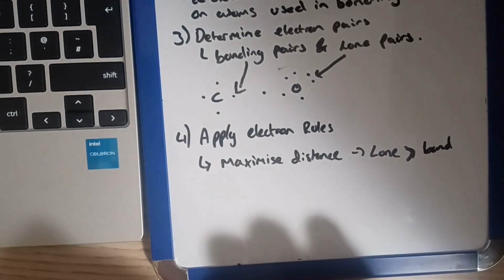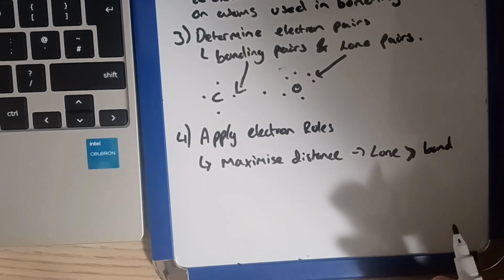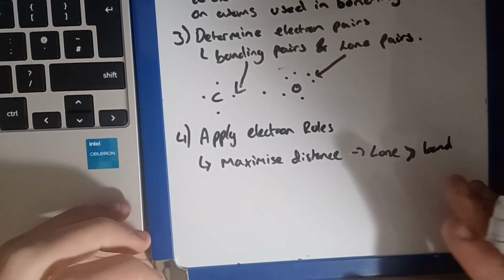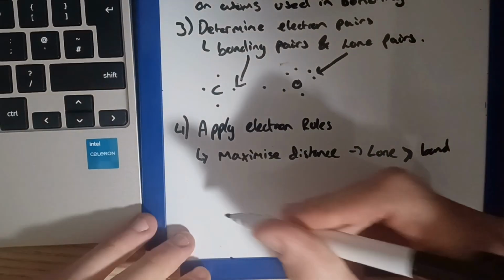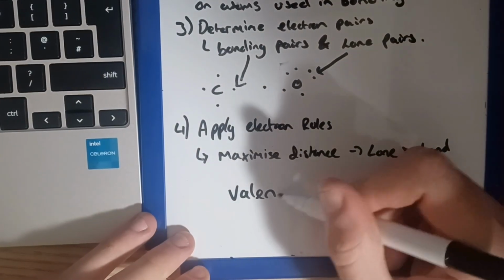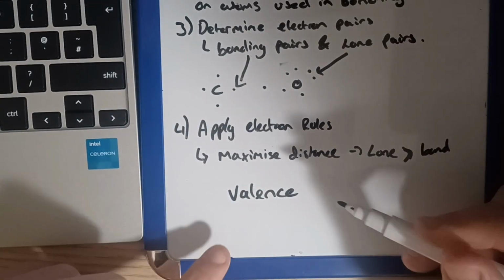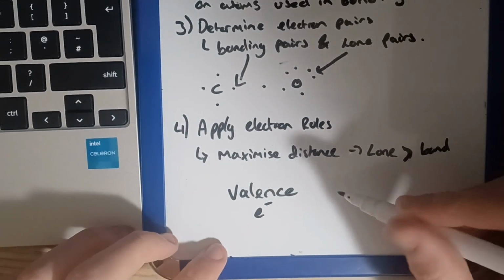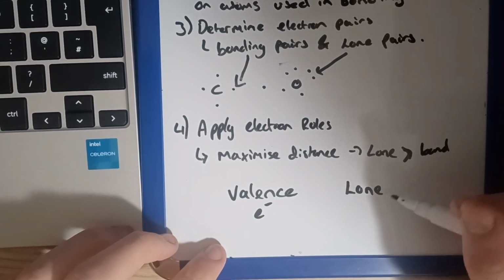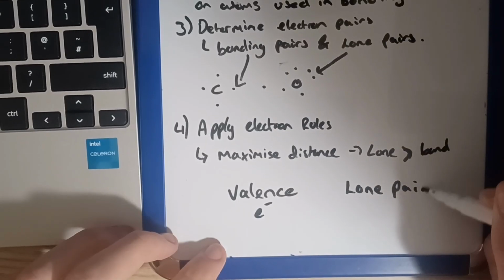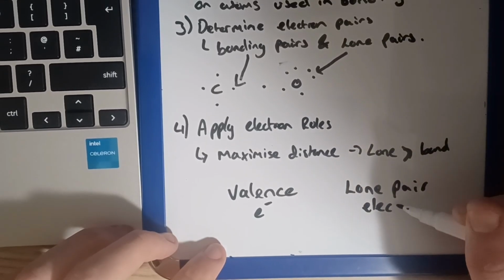Now, when I say VSEPR theory is based around electrons, I'm more talking about valence electrons, which you'll see me use a lot, and lone pair electrons.